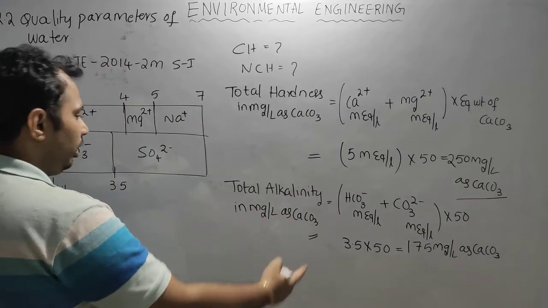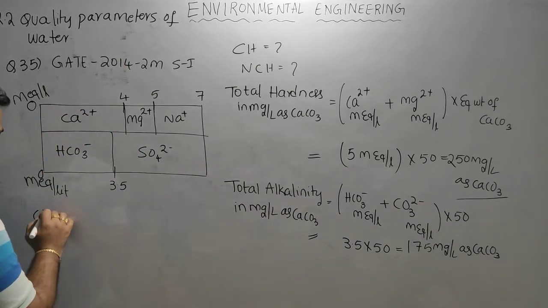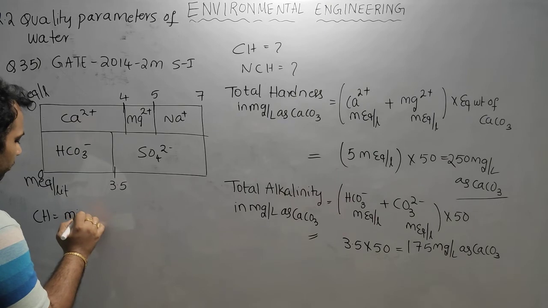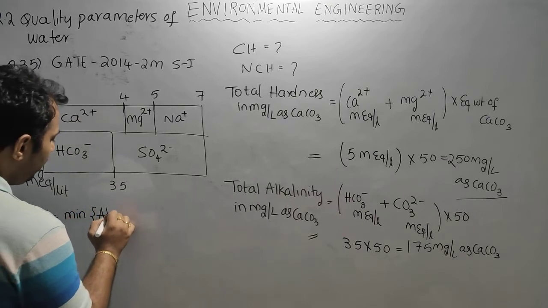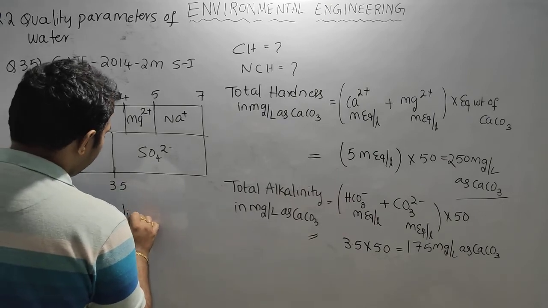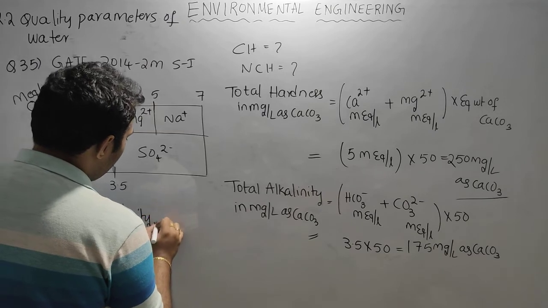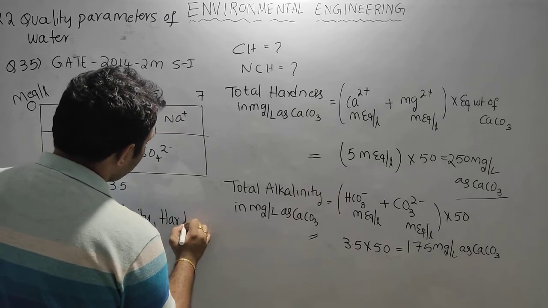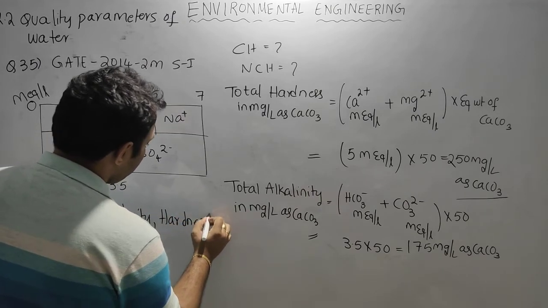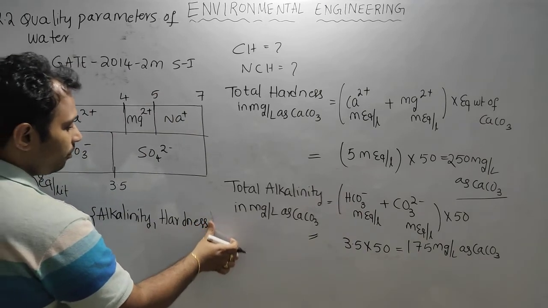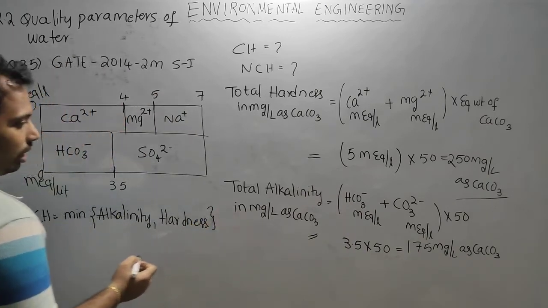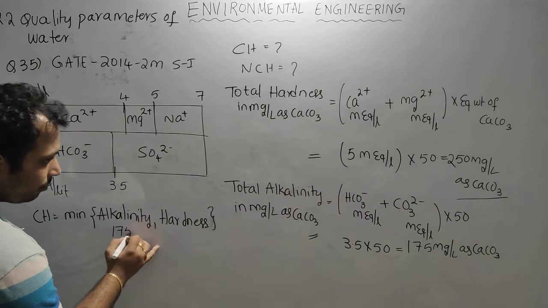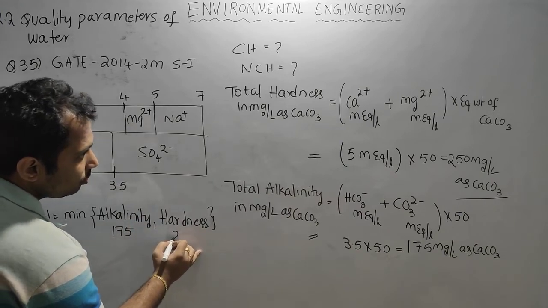This is total alkalinity. So carbonate hardness is equal to the minimum of alkalinity and hardness. Alkalinity is 175 and hardness is 250.